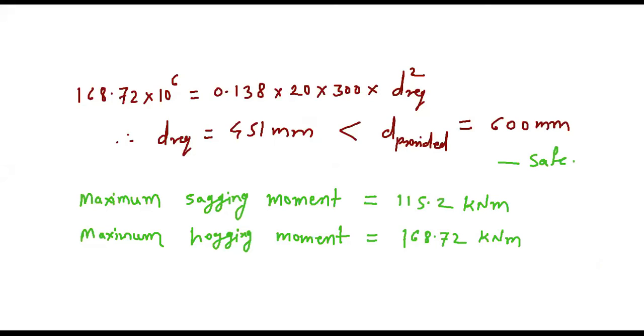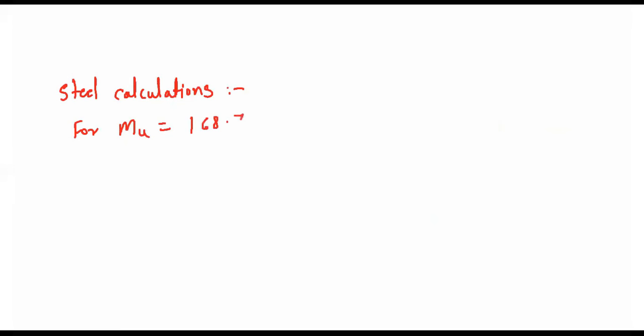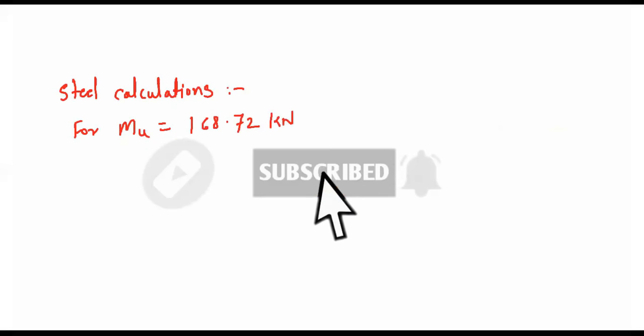Okay. Now after this, we will do the steel calculation. What steel calculations do we need to make? First, for Mu equal to 168.72 kilonewton meter.